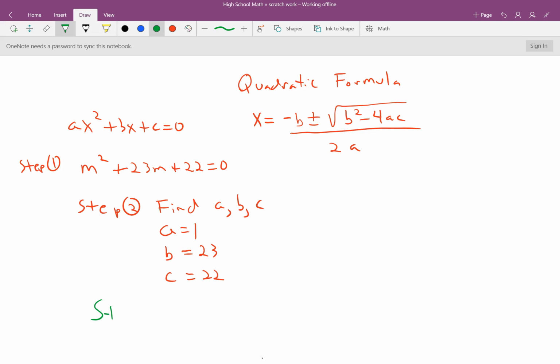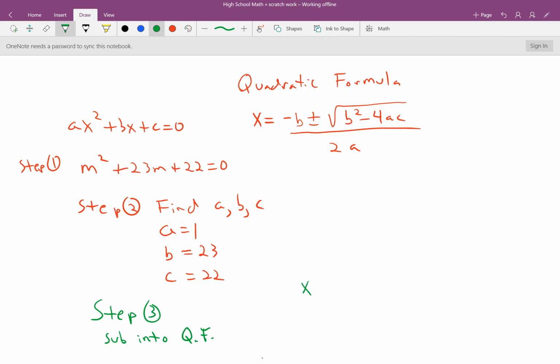Step 3. Sub into the quadratic formula. So I'm subbing all these things into this.